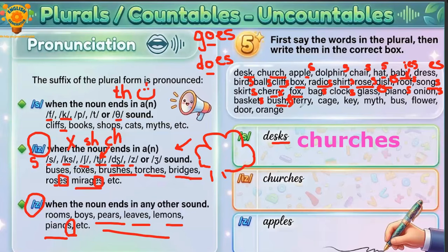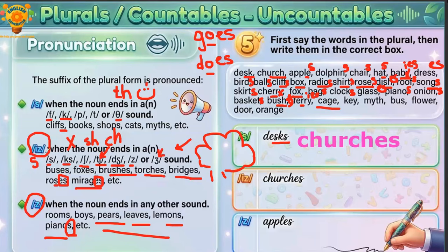And about the word ferry, ferry is like a boat. So here we have a consonant, so it would be ferries with IES. And also we have the word cage. It's the same like here, like this one, j sound. This one is j sound, so it would be cages.